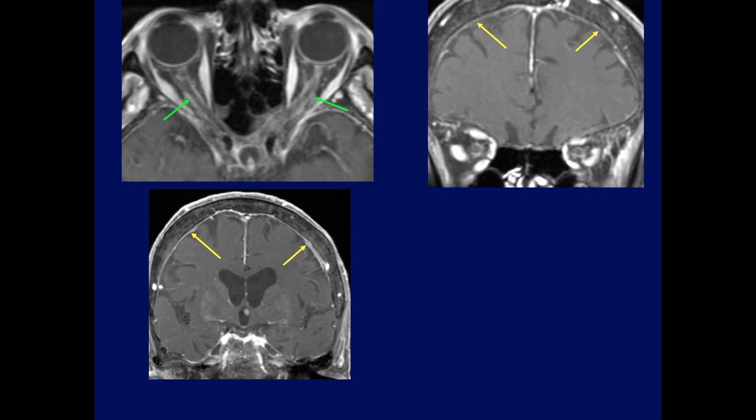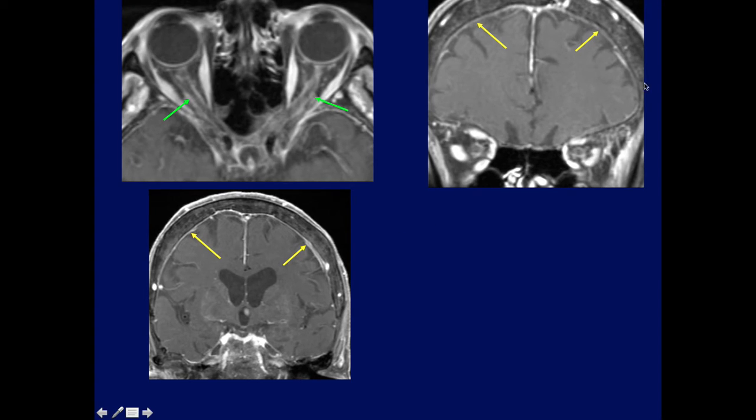This is a very unusual case we had. This patient had some renal failure, had a whole bunch of medical issues, and came in, had no visual symptom. This was a study of the brain because she developed some cognitive disorders. And look at the marked enhancement of both sheaths of the optic nerves.